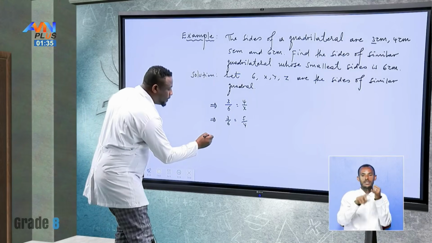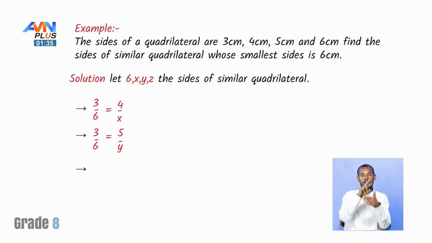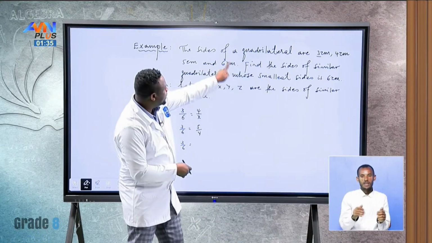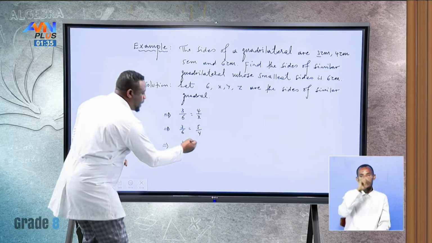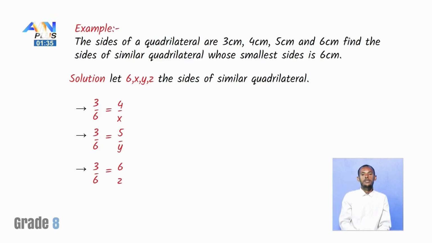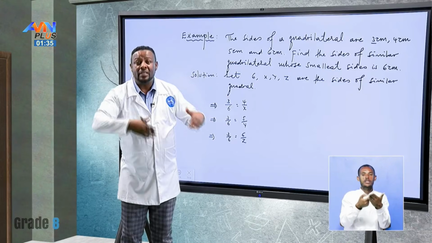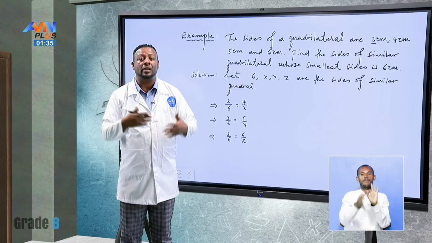Lastly, the ratio of 3 over 6 must be the same as 6 over z. Okay, 6 over z, right? So this happens because of the definition of similar polygons.